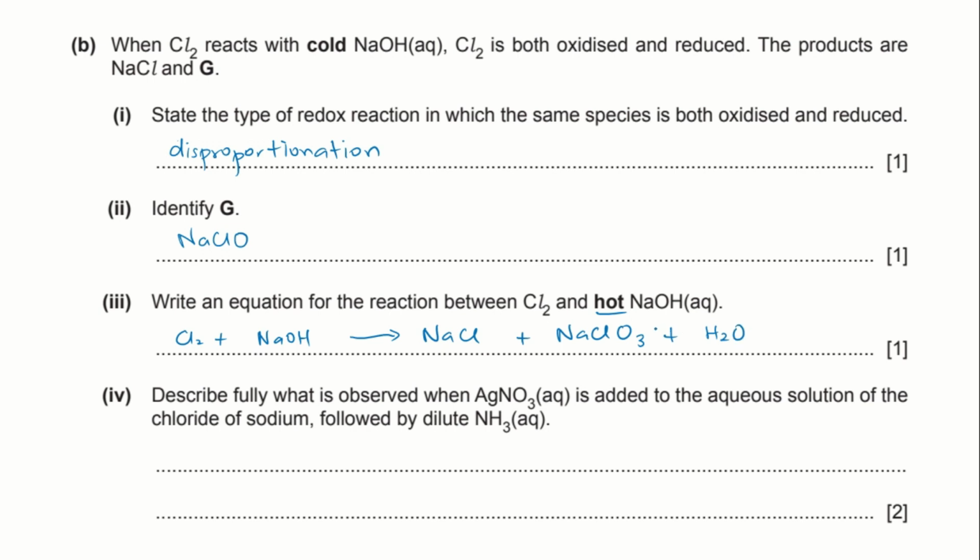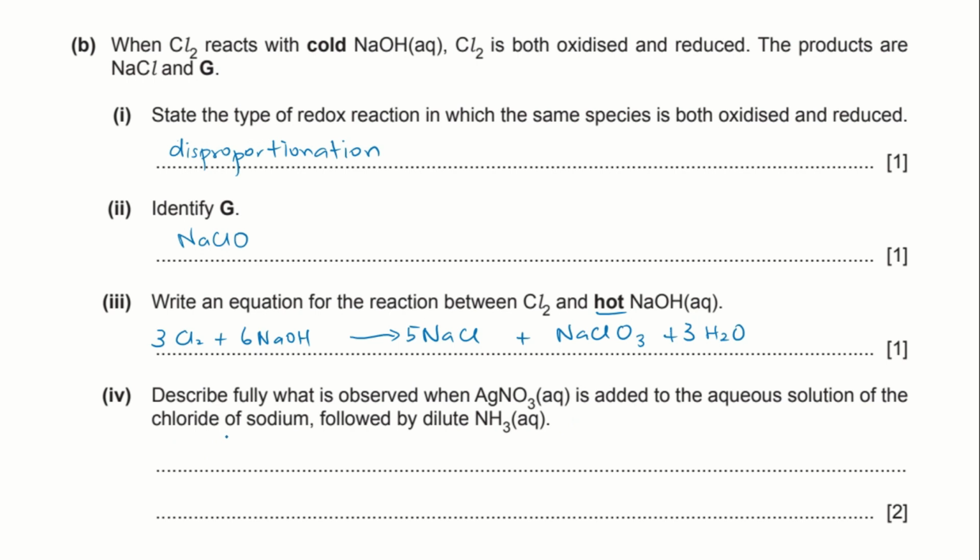Now let's balance the equation. Right, I will need 3Cl2 here, 6 sodium hydroxide, 5 NaCl, NaClO3, and 3 water. Part 4 of this question, we are supposed to describe fully what is observed when silver nitrate is added to aqueous solution of the chloride of sodium, followed by dilute ammonia solution.